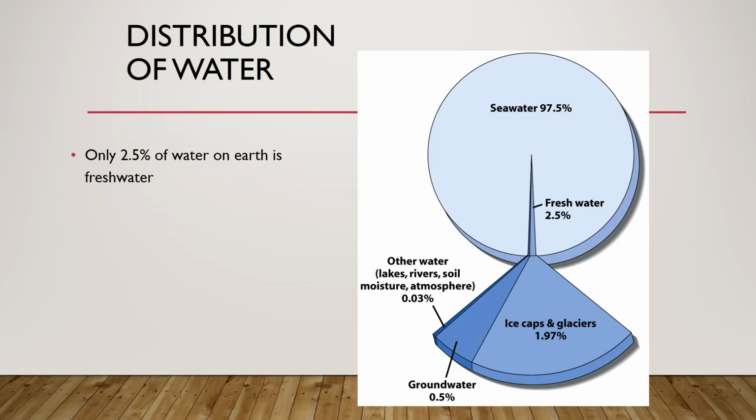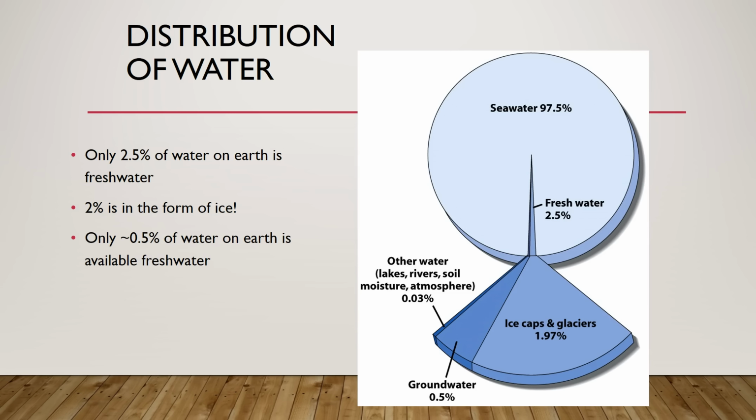We need fresh water for that. So only 2.5% of our global water is fresh water, and 2% of that 2.5%, so 2% of the global water, is in the form of ice. So it's locked up in Antarctica and Greenland, essentially.